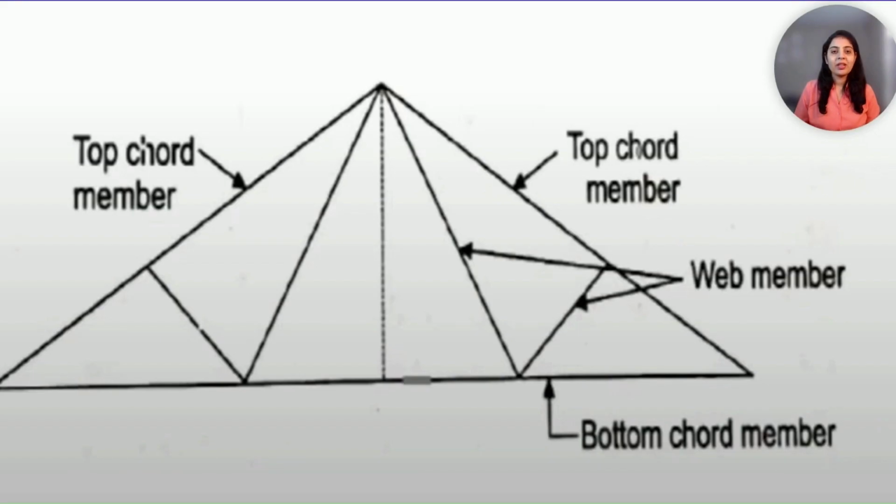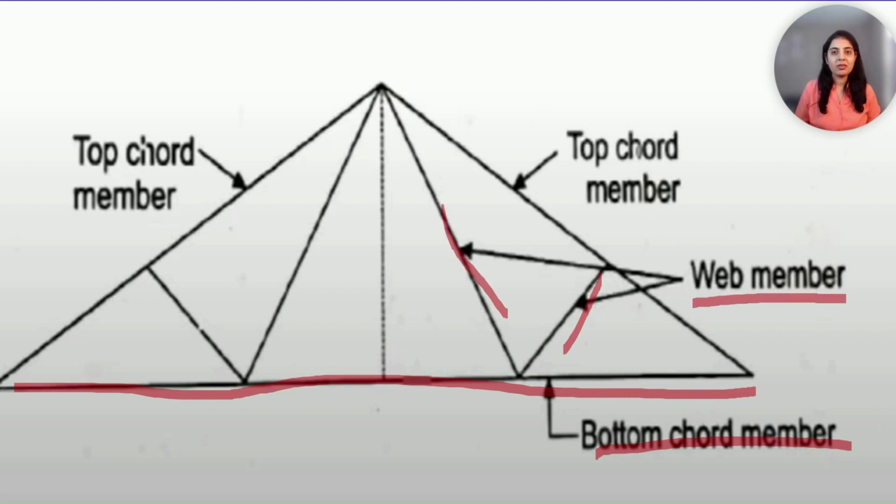So this is the truss. In the truss, these topmost elements are called top chord members. The bottom elements are called bottom chord members, and these intermediate members are called web members.